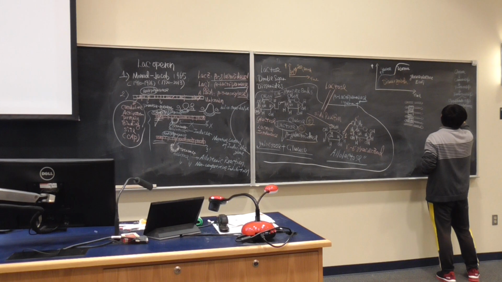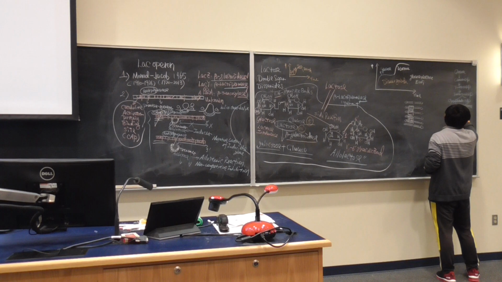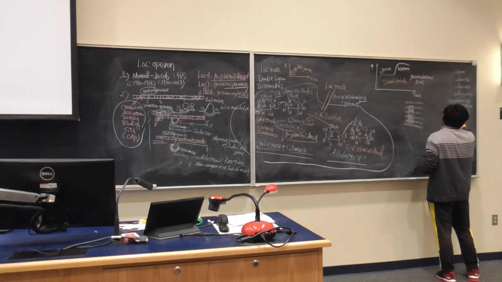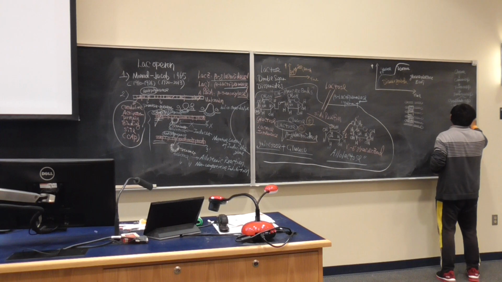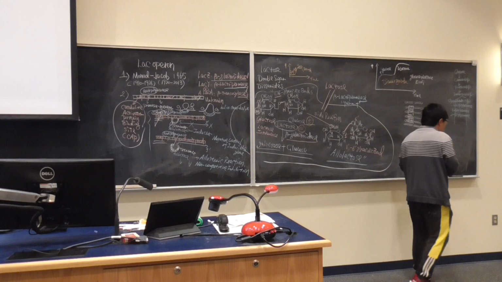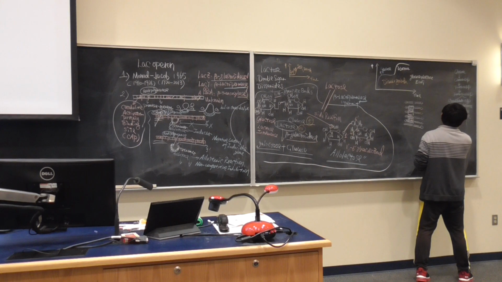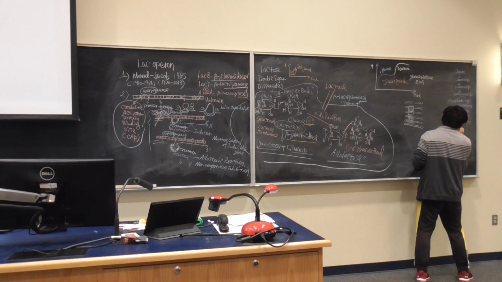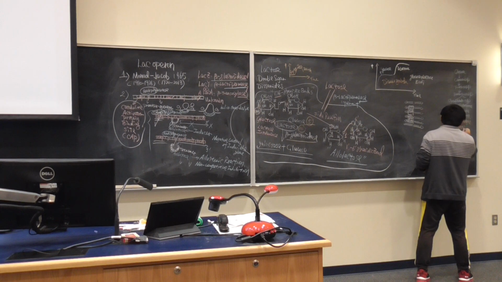Okay, 3-phosphoglycerate. These are easy ones. 2-phosphoglycerate. It's going to be the key. Phosphoenolpyruvate. And the final product is pyruvate.